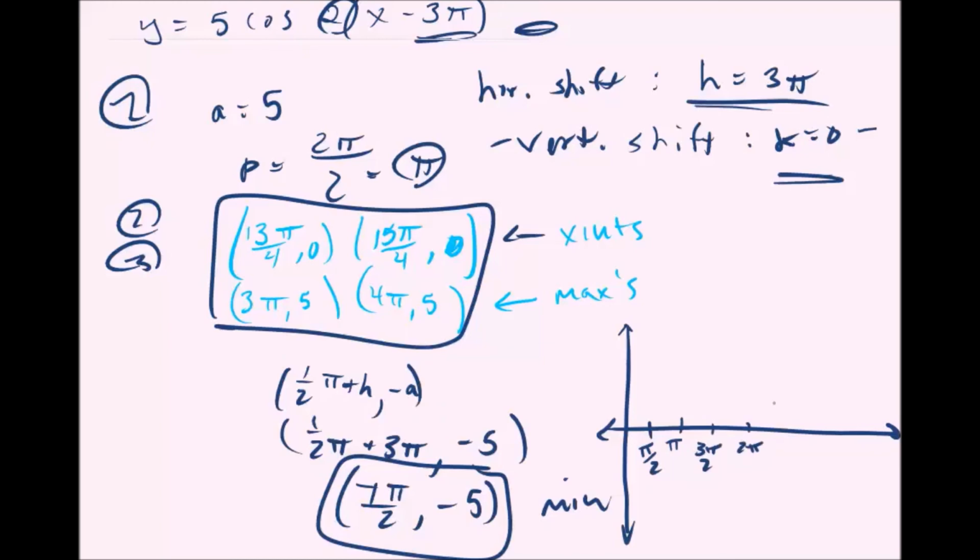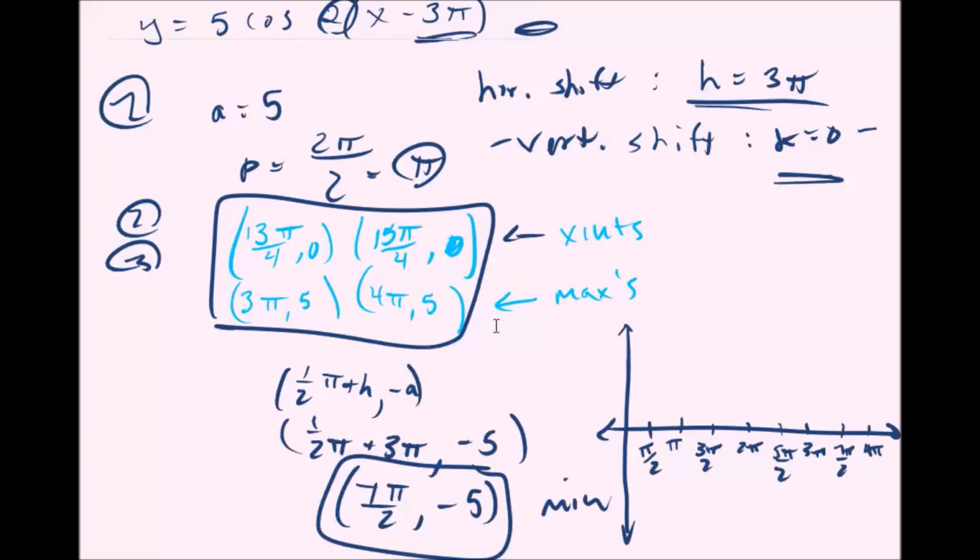We haven't even hit our first point yet. We have 5 pi over 2, 3 pi, 7 pi over 2, 4 pi, and that might be enough points. Yeah, I think that's enough points.